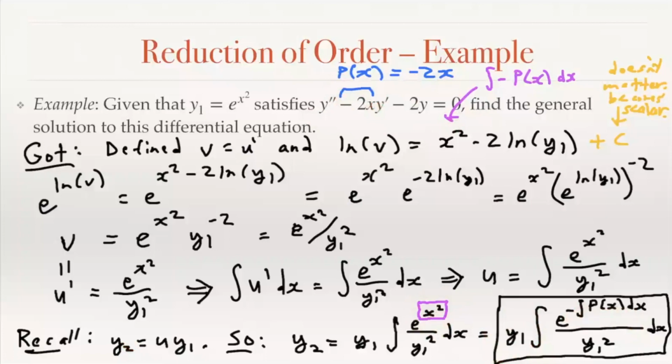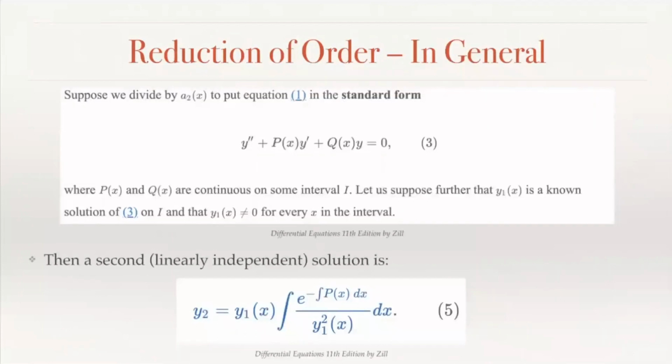So what we actually just derived was in full generality our general solution for what another linearly independent solution y2 is to a differential equation that is standard and homogeneous and given a solution y1 of it: y2 is y1 times the integral of e to the negative integral of p of x dx over y1 squared dx.